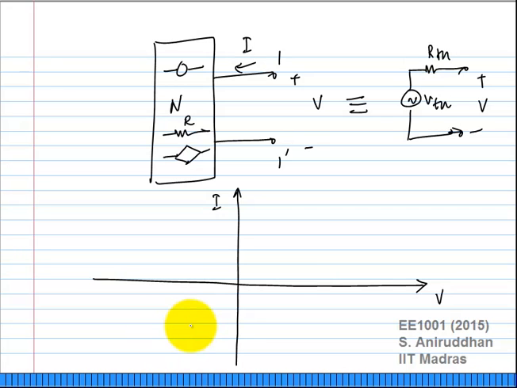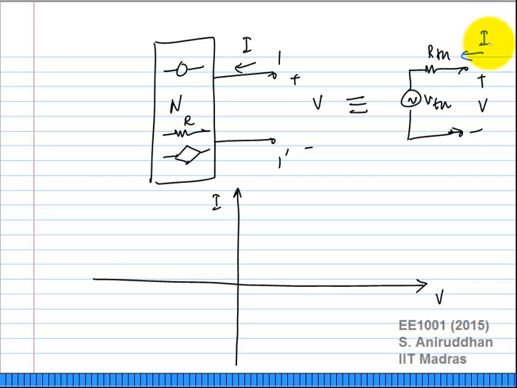How many of you think it's VTH by RTH? How many of you think it's minus VTH by RTH? This is a simple series combination of a voltage source and a resistor, right? So what should it be? You can just write down the equation. Can you please do it and tell me what the exact value is? Just write down the expression between V and I.